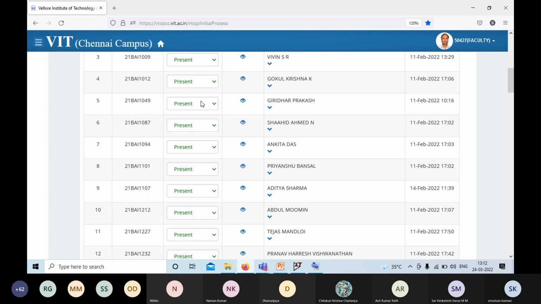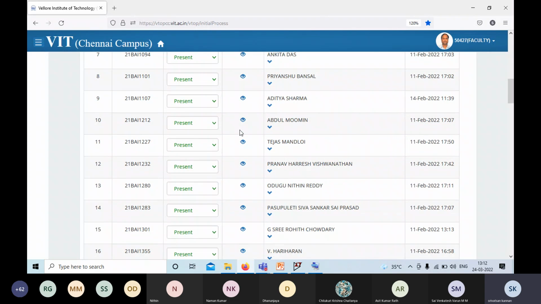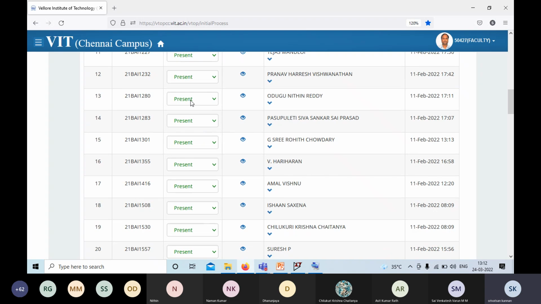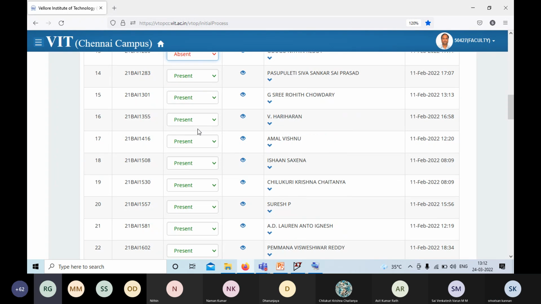Shahid Ahmad, Present, sir. Ankita Das, Present, sir. Priyanshu Bansal, Present, sir. Aditya Sharma, Present, sir. Abdul, Present, sir. Tejas, Present, sir. Pranav, Harish, Yes, sir. Nitin Reddy, Shivashankar, Present, sir. Rohit Chaudhary, Present, sir.